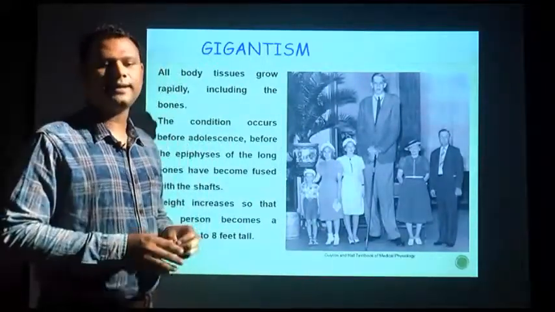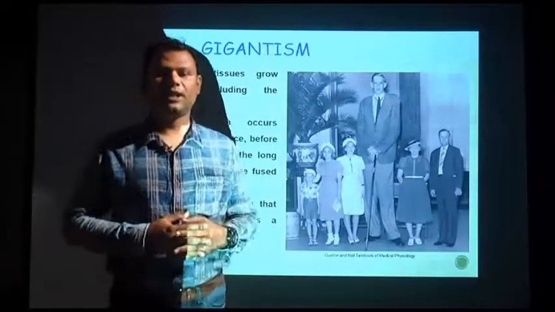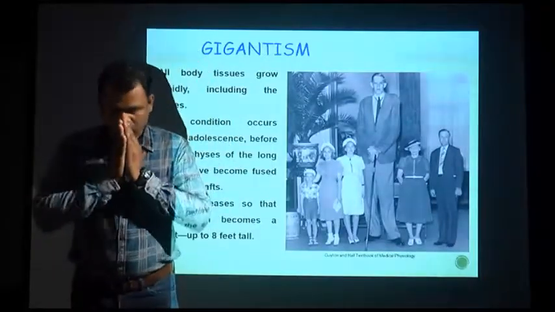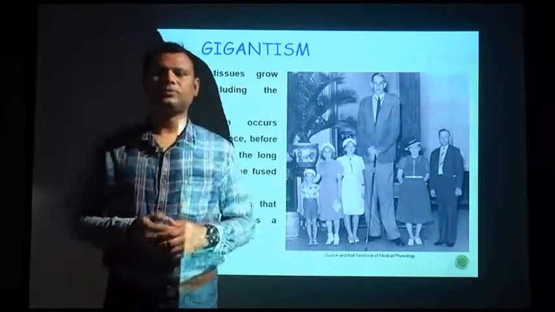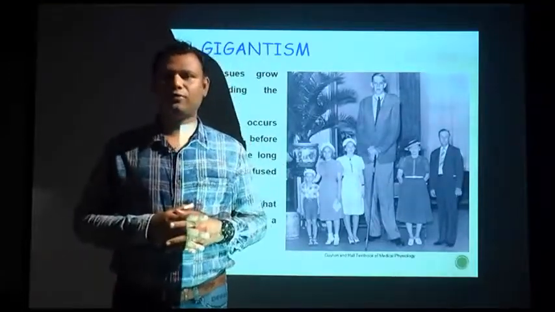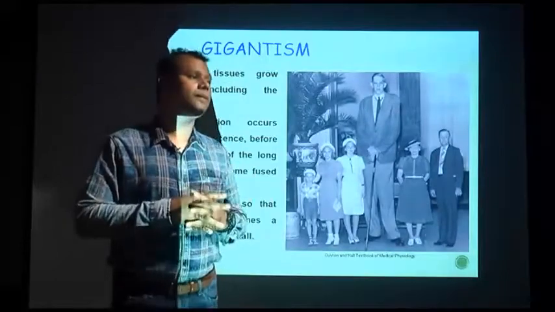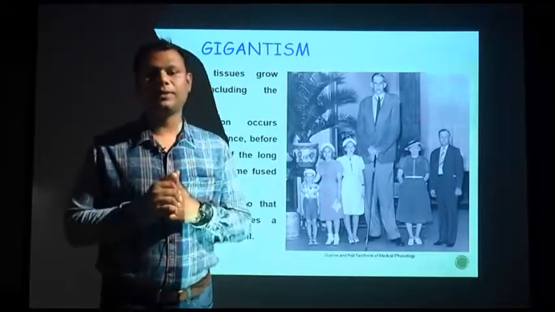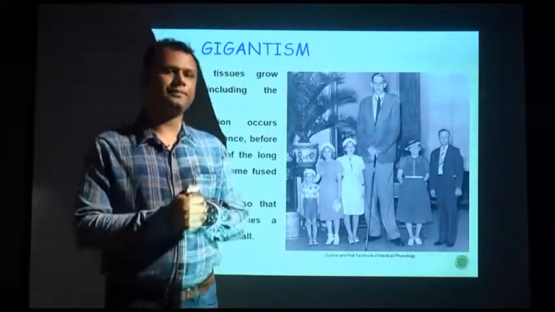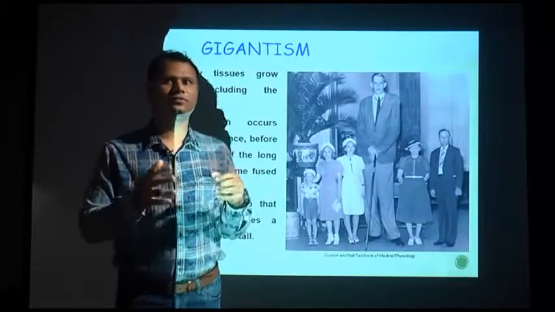So, body tissues grow rapidly including the bones. The condition occurs before the epiphyses of the long bones have become fused with the shaft. The long bone has not fused with the shaft.